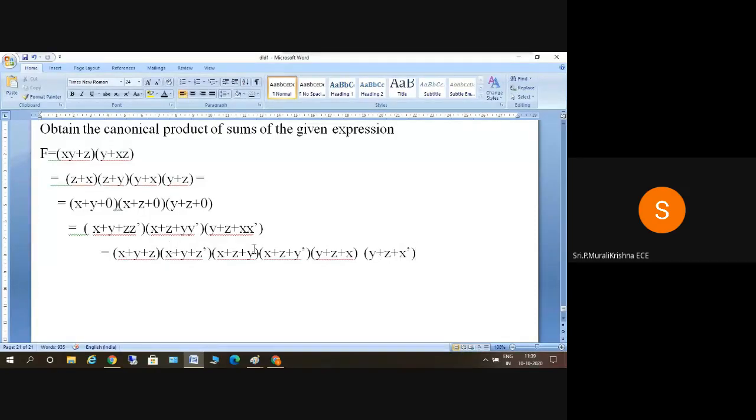Any repeated terms? x, y, z is a repeated term. So that is equal to x plus y plus z, into x plus y plus z bar, into x plus y bar plus z, and x bar plus y plus z.